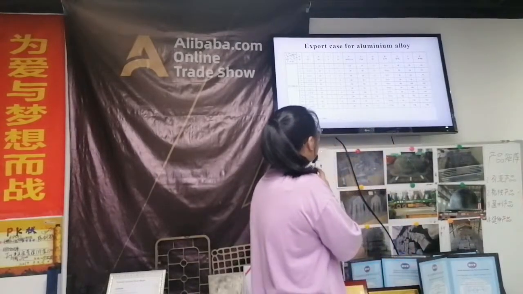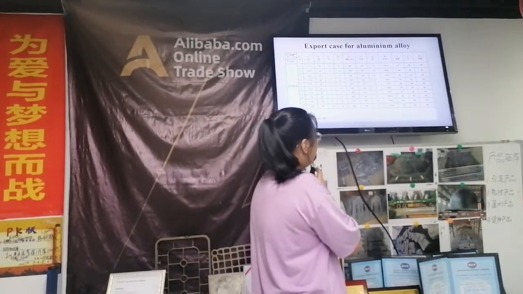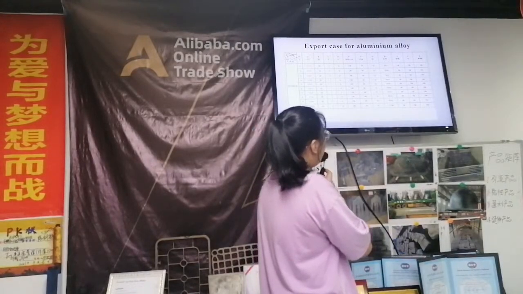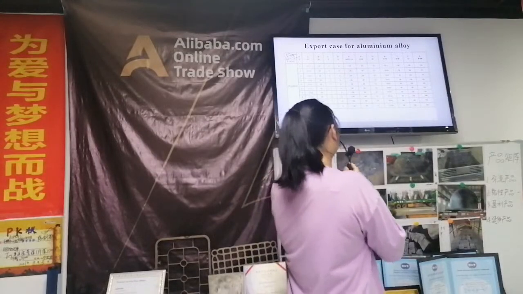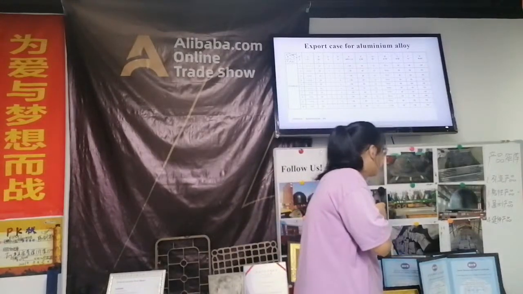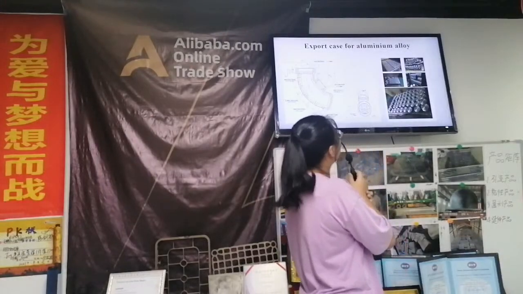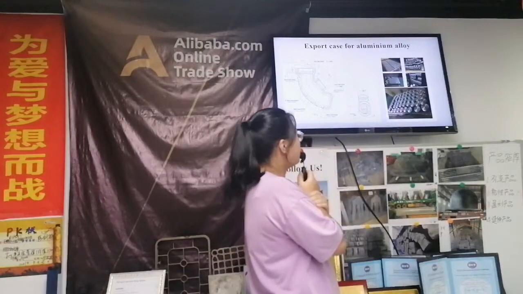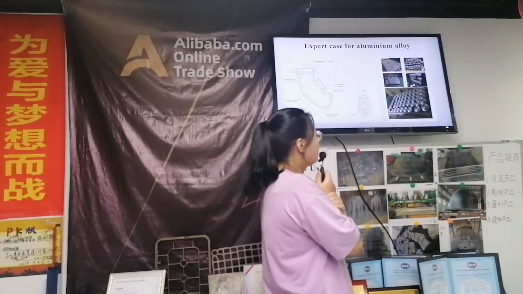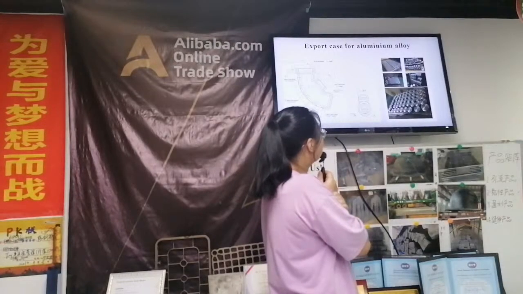Next, this one is the dimensional check report for aluminum alloy. This one is our product joints.